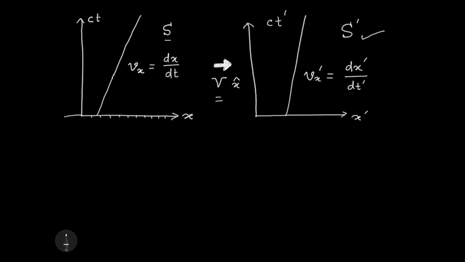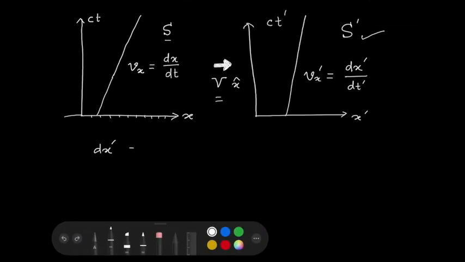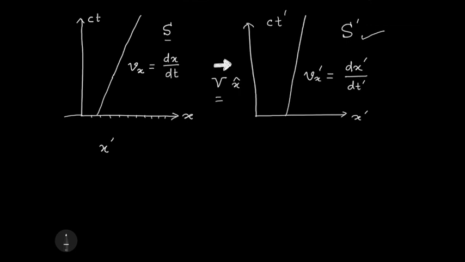So what I want to do now is to know what is Vx prime in terms of Vx. So let's see what is dx prime in terms of dt. Let me write down first the Lorentz transformation for x. So x prime is, which is written just above, x minus beta ct times gamma, right?